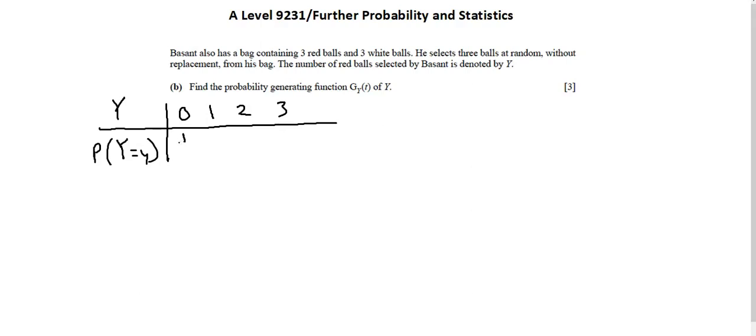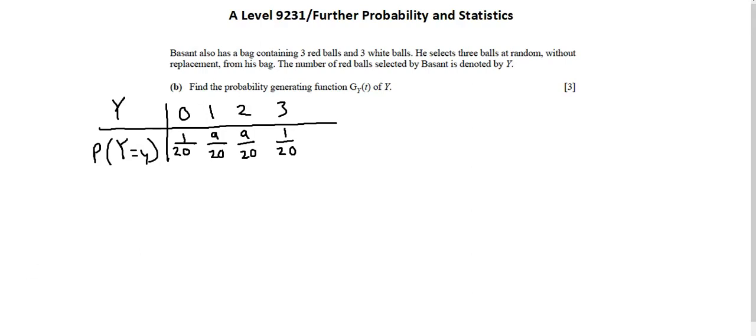On the ends, we're going to end up with 1 over 20, 1 over 20. And either 1 or 2 red will each be 9 over 20. And again, you can add those to confirm that you arrive at the total probability of 20 over 20 or 1. Again, like A, I'm not working through the detailed probability calculations.